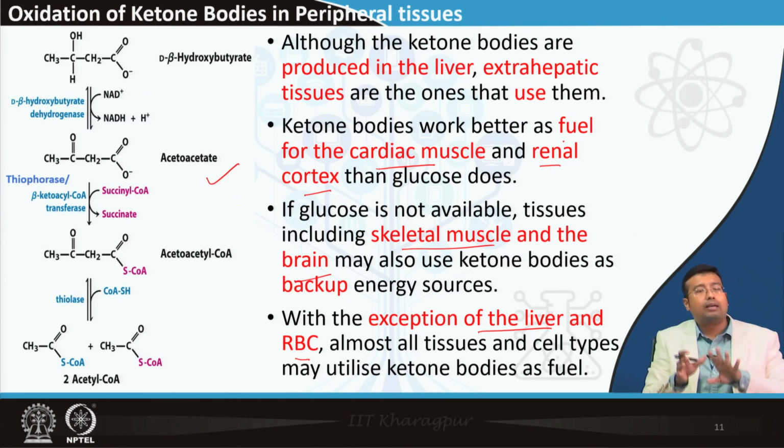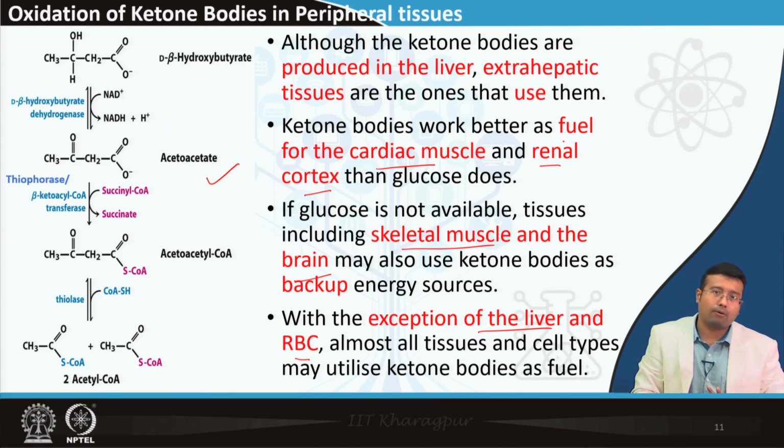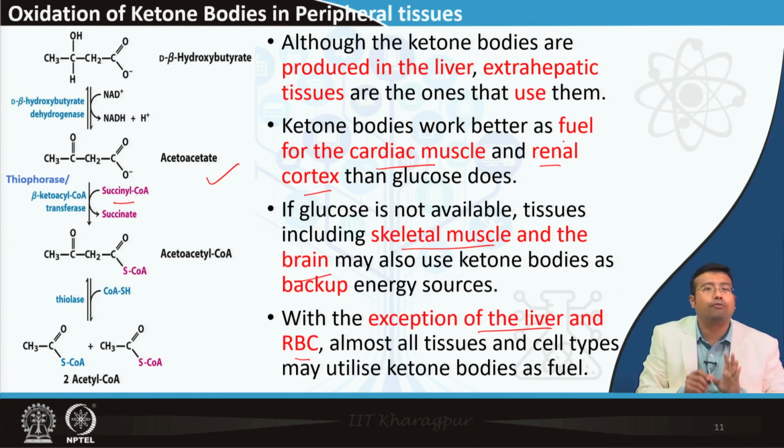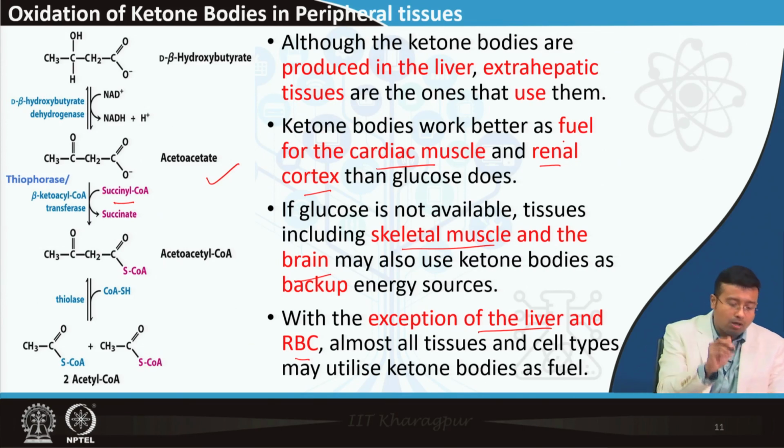In the next step, acetoacetate utilizes succinyl coenzyme A. Succinyl coenzyme A combines with acetoacetate with the enzyme thiophorase, also known as beta ketoacyl CoA transferase. With the help of this thiophorase enzyme, acetoacetate forms acetoacetyl coenzyme A.